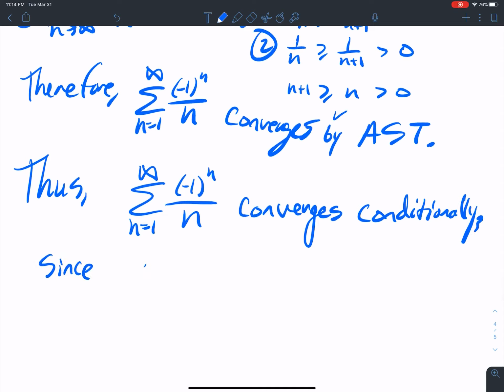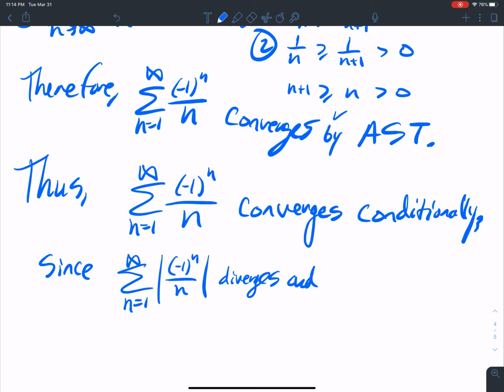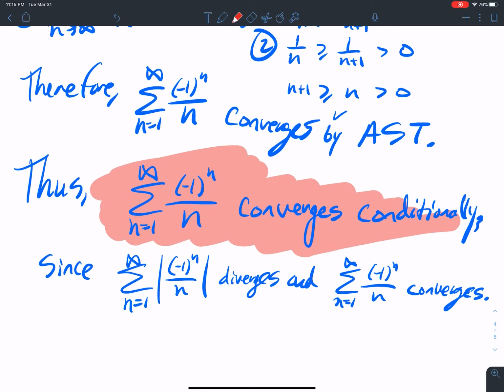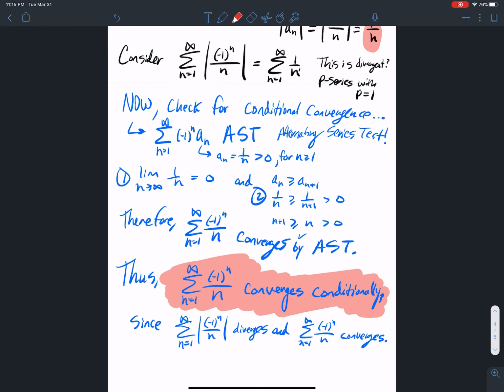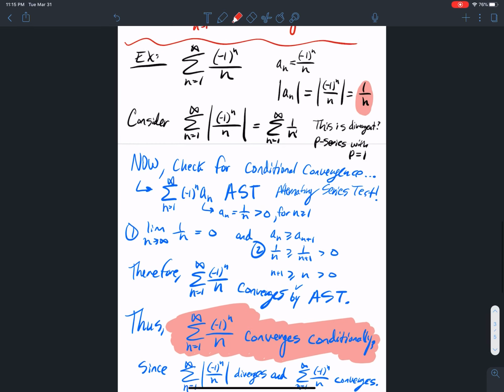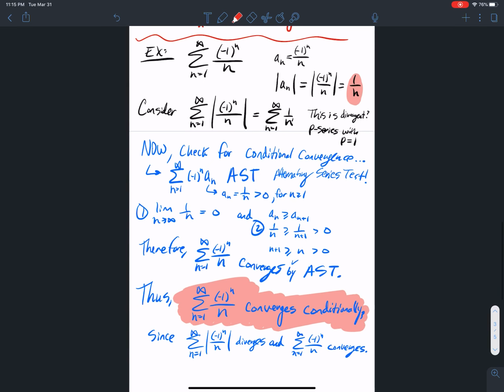Since the series n equals 1 to infinity of the absolute value of (-1)^n over n diverges, and the series n equals 1 to infinity of (-1)^n over n converges. So this is what we're looking for right here. That kind of summarizes everything you got going on there. So now you can see it all in its entirety right there.